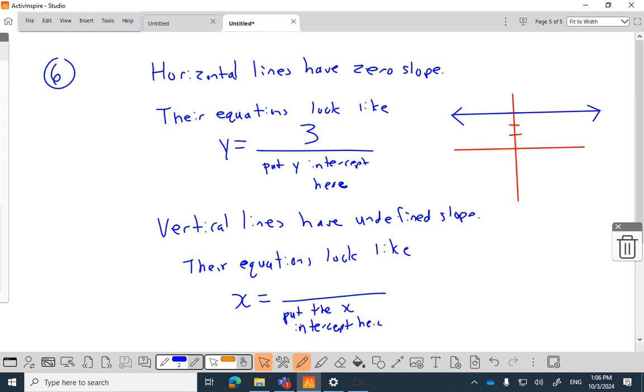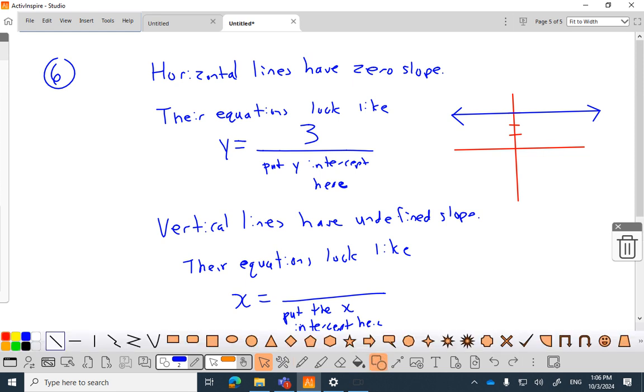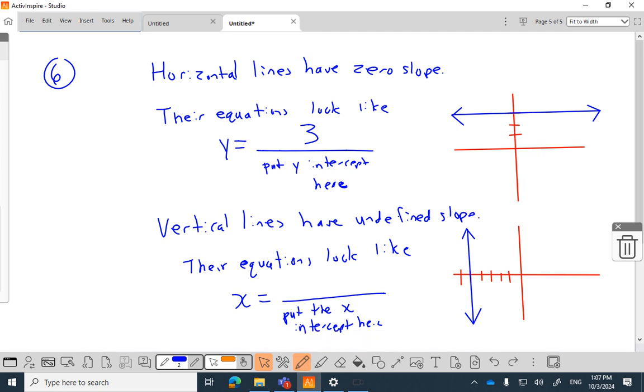So I'll draw one more. So I drew a vertical line.